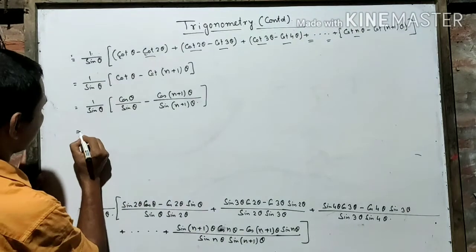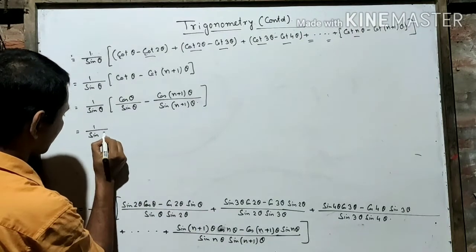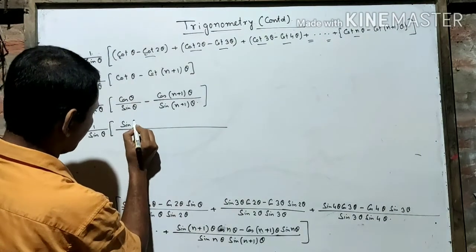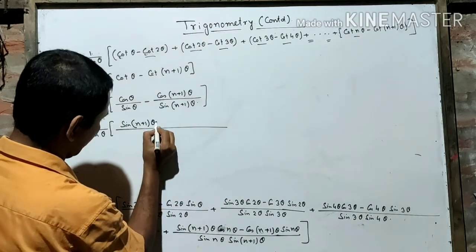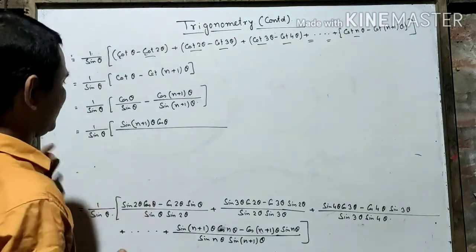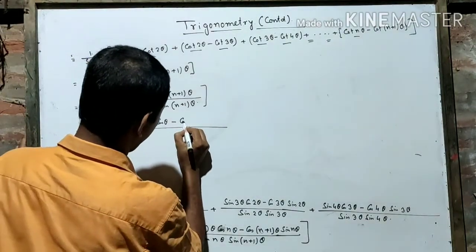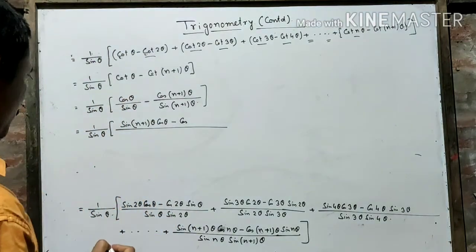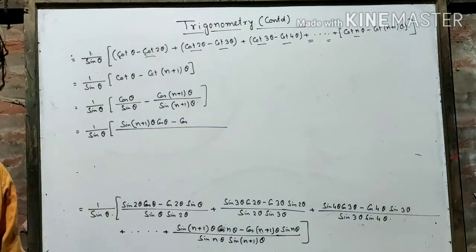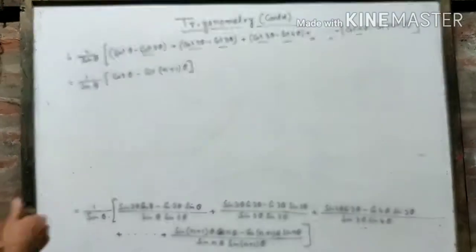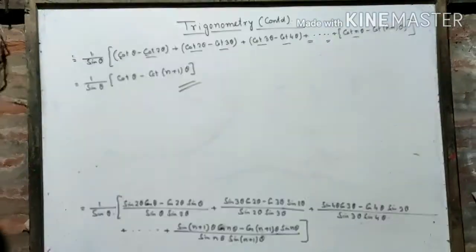Okay. This is equal to 1 by sin theta into sin n plus 1 theta into cos theta. Is it going to help us? Minus, okay, let us leave the answer here. It's not going to help us. So this is the sum. Okay.